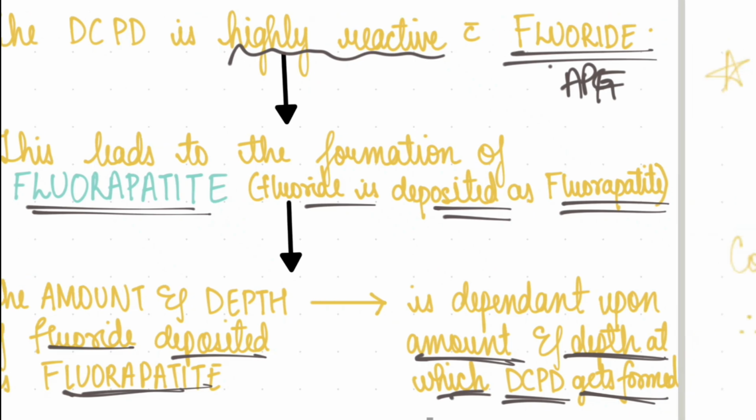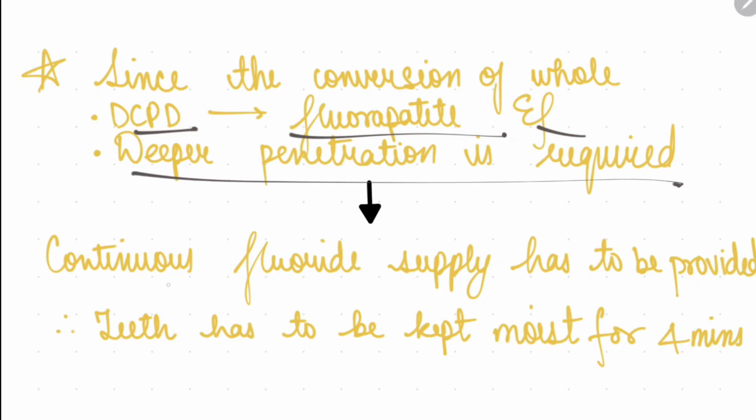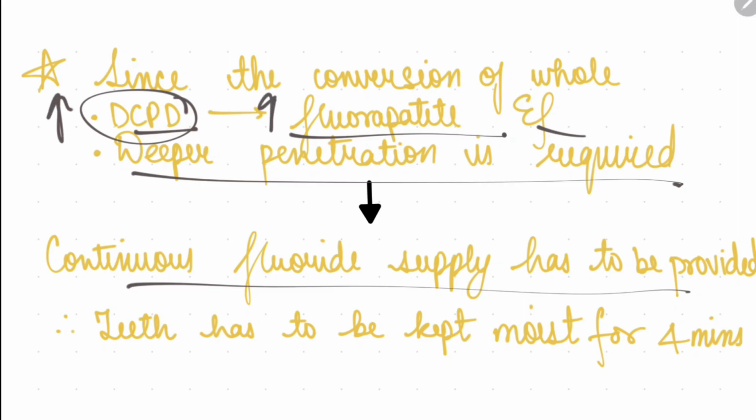Simple. Moving forward, since this whole conversion of dicalcium phosphate dihydrate to fluorapatite and deeper penetration is required, a continuous fluoride supply has to be provided. What is this statement saying? We need more dicalcium phosphate dihydrate to be formed, because more dicalcium phosphate dihydrate means more deposition of fluorapatite crystals. Since we want more deposition of fluorapatite, we have to give a continuous fluoride supply to the tooth.